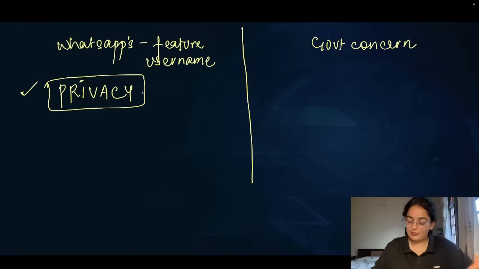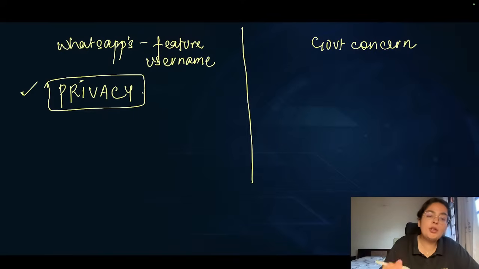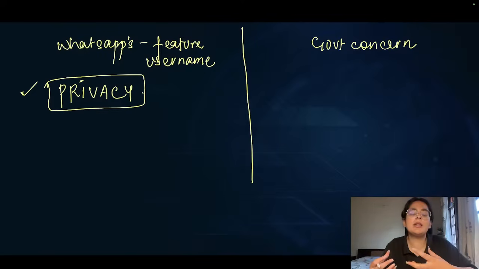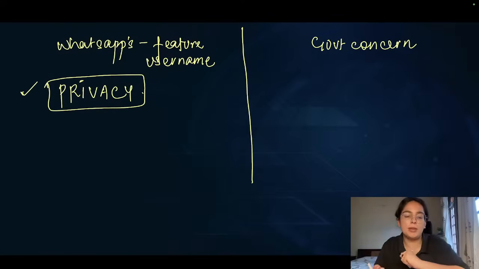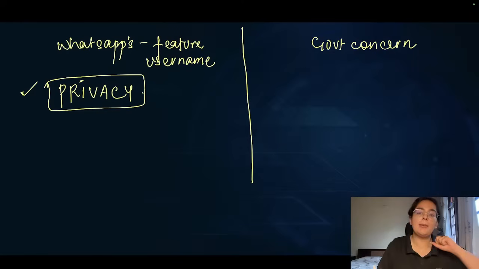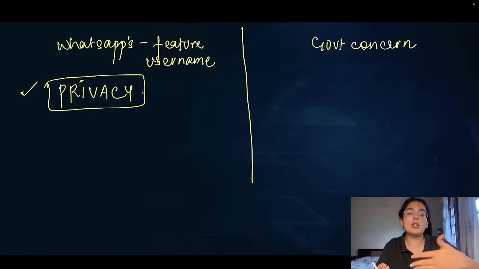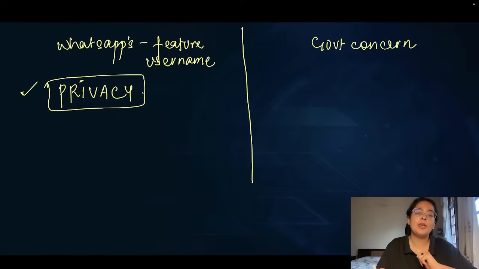That is their argument. They say that we do not want every individual to use their mobile number to communicate on the platform, because mobile numbers now have a lot of attachment. Your Aadhaar is attached to your mobile number, various OTPs come to your mobile number, and your mobile number is often used to log in to various accounts.